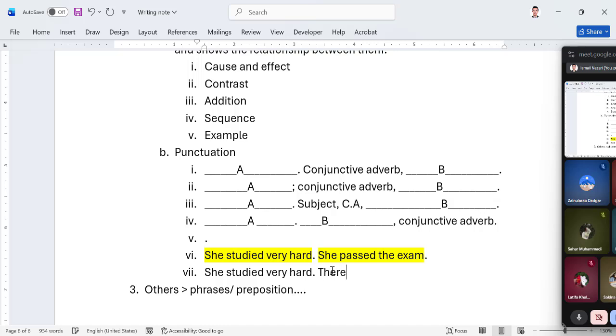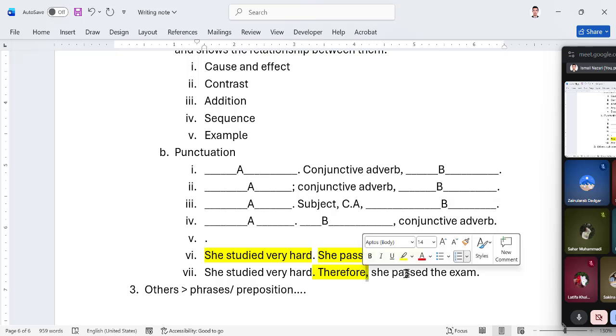I may use therefore, which shows result. So therefore, and then we can say she passed the exam. It's clearly significant here. We have our first sentence and the second sentence, and the two are connected using a conjunctive adverb and a comma after that. It is the first rule.